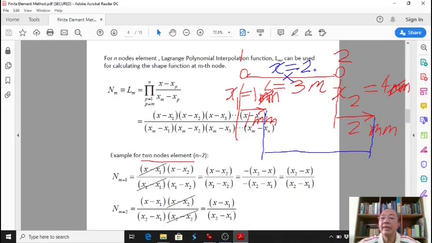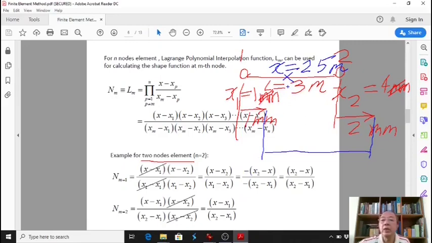Yes, 2.5 m. So this is at middle or mid length. So this is 2.5 meter. Here, this is the length 3 meter. So this is 1.5. So 1.5 plus 1 is 2.5. So the position here at mid length is 2.5 meter.